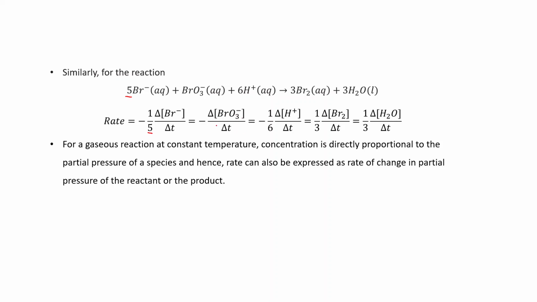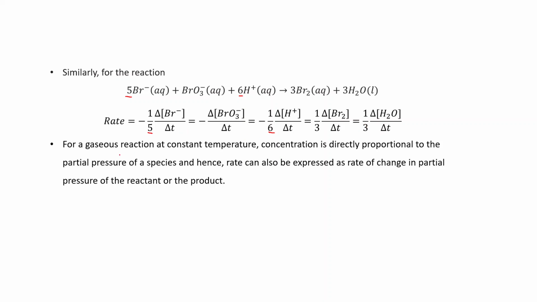Its stoichiometric coefficient is 1, and it is not necessary to mention 1. Now in terms of change in concentration of H plus, this is minus 1 by 6, because 6 is the stoichiometric coefficient of H plus. In the same way, equal to 1 by 3 delta Br2 divided by delta t, and this is equal to 1 by 3 delta H2O divided by delta t.